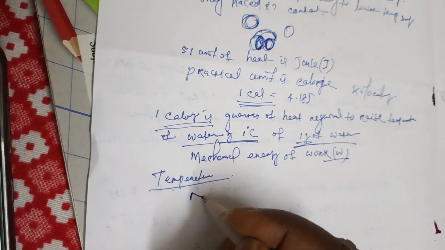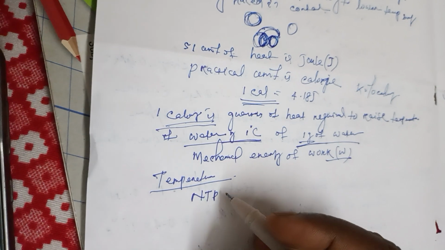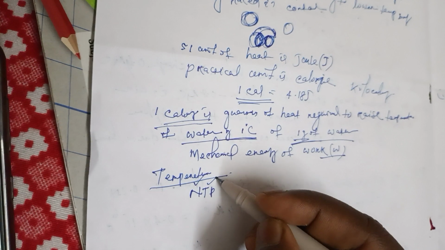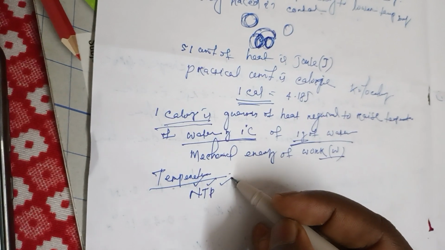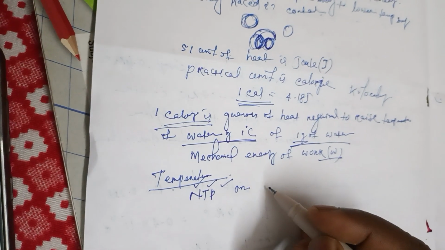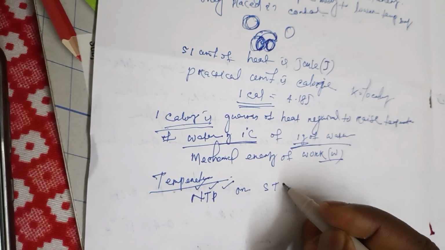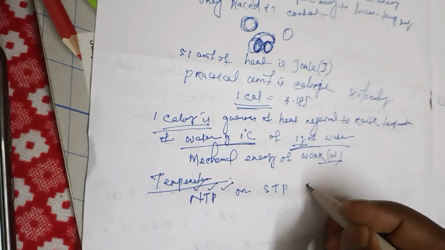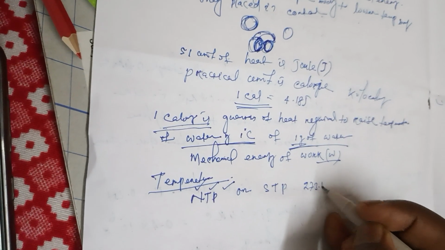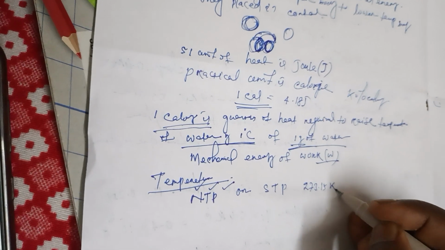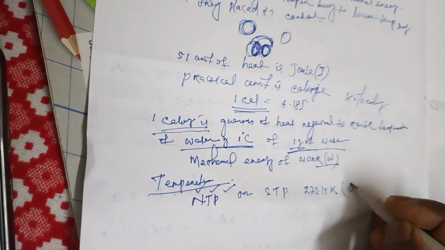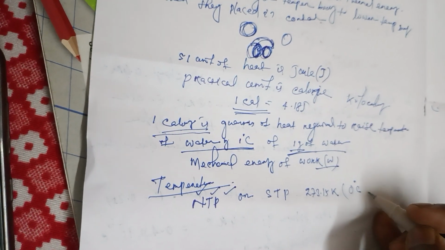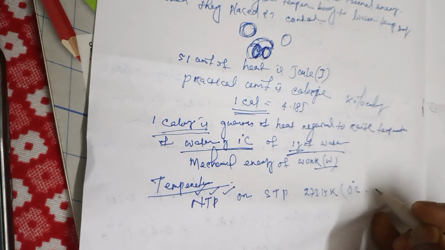Then NTP, normal temperature and pressure, or STP means 273.15 Kelvin or 0 degree centigrade or 32 degree Fahrenheit.